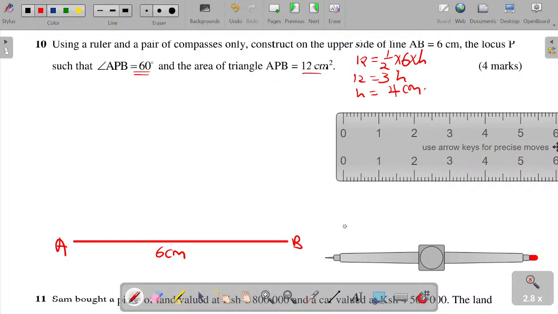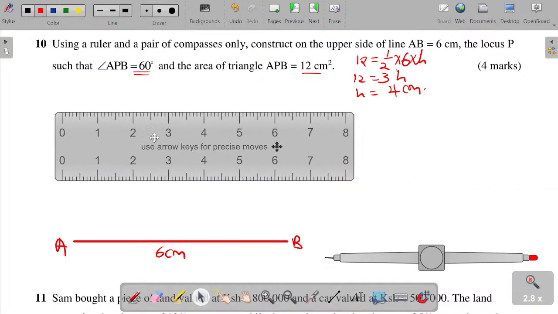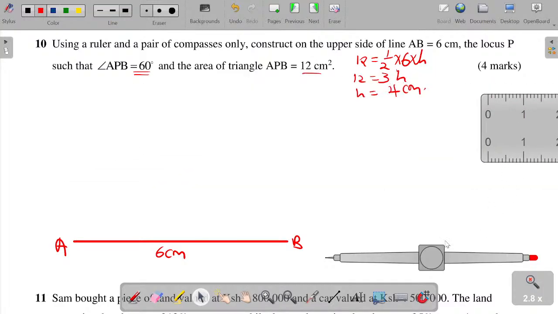For you to construct 30 degrees, let me take my compass. Learners, I want to be very, very specific in this question because questions on loci never miss. I need a ruler and a compass.